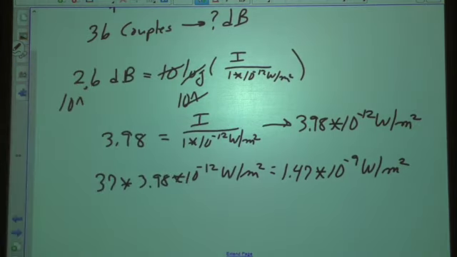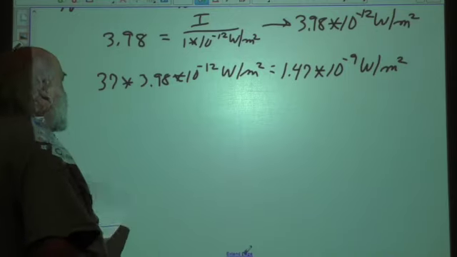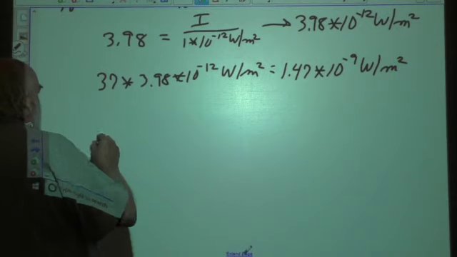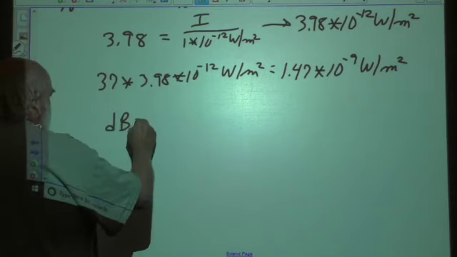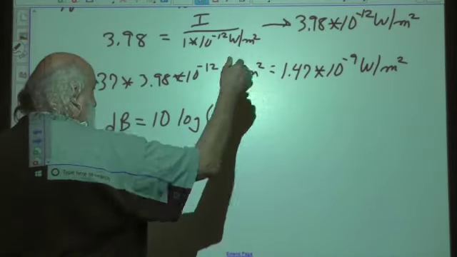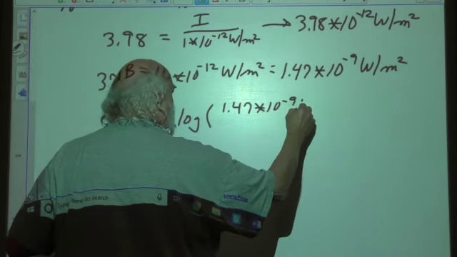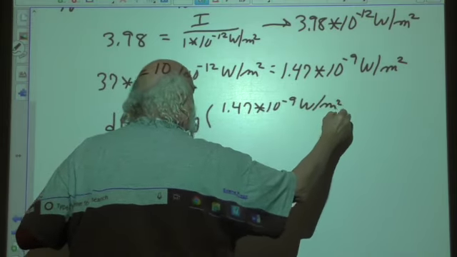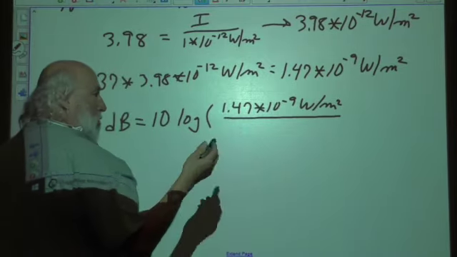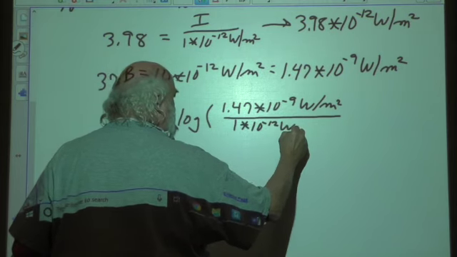What is the decibel level going to rise to? So then the decibels is 10 times the log of the intensity, which we just found is 1.47 times 10 to the negative 9th watts per square meter, over the threshold of hearing, which is 1 times 10 to the negative 12 watts per square meter.